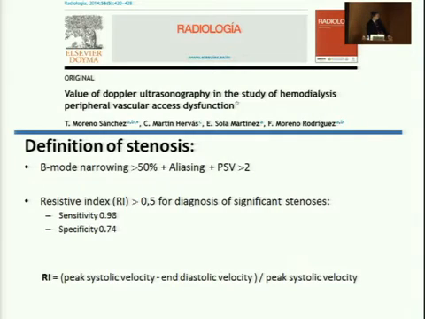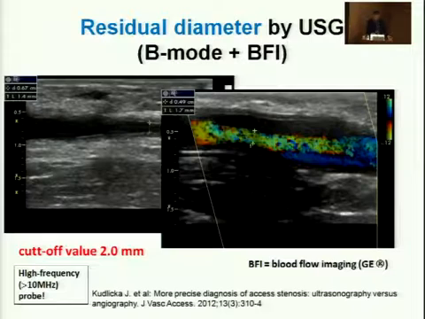Another group used peak systolic velocity, B-mode narrowing, aliasing, and resistive index, and it helped to increase the sensitivity and specificity.